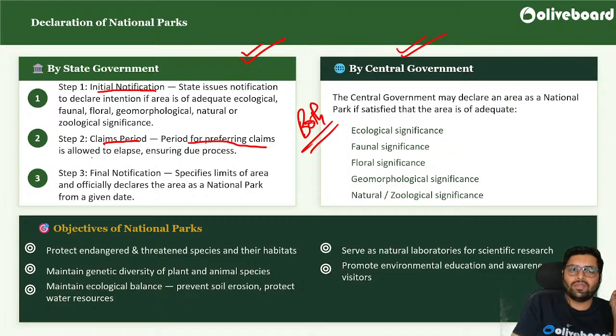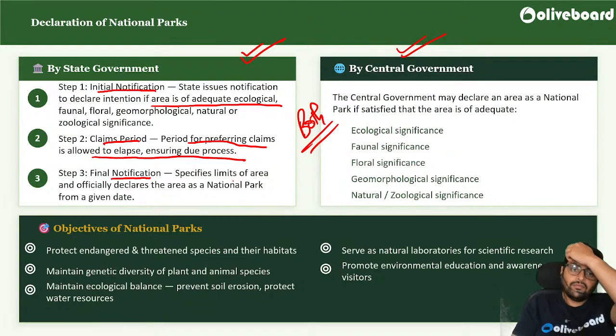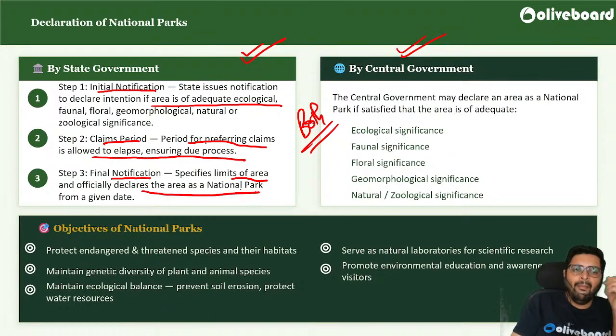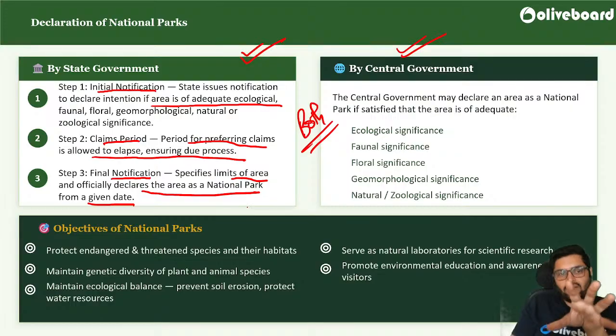The period for preferring claims is allowed to elapse, ensuring due process. In the notification, it will be highlighted where the area has adequate ecological, fauna, flora importance, and the final notification will come, which will specify the limits of the area. From that date, that area will be a national park.